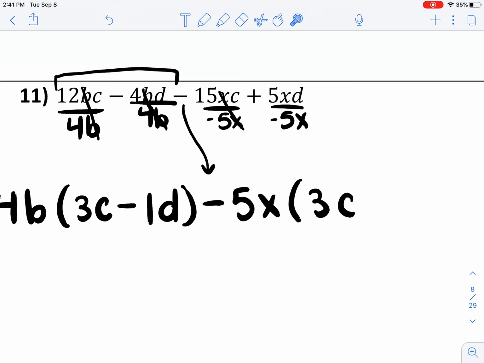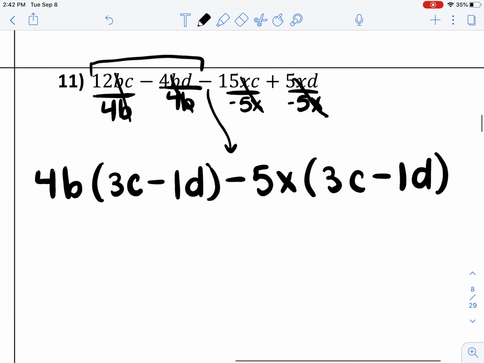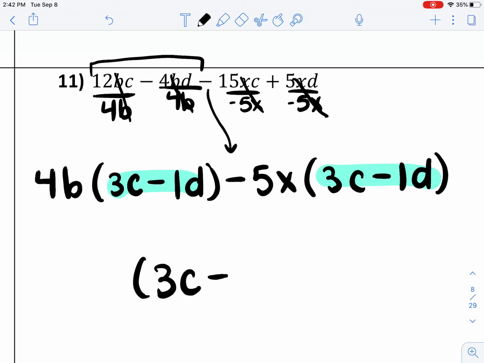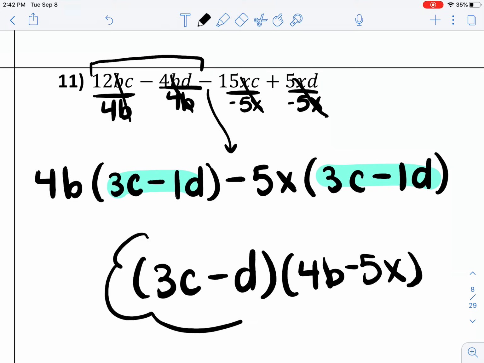And then positive 5 divided by negative 5 is negative 1. My x's cancel again, leaving me with just d. And finally, these match, so I pull it out, so it's 3c minus 1d, or just d, and then 4b minus 5x.